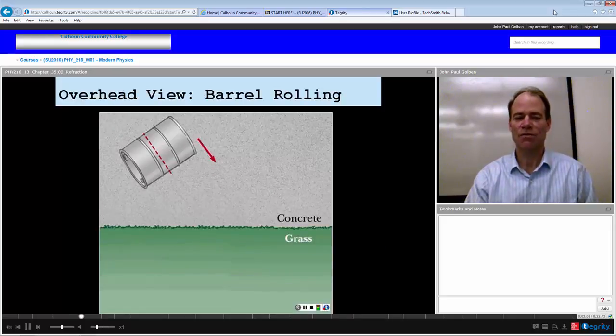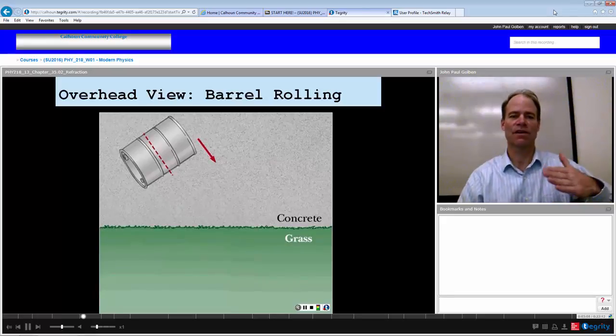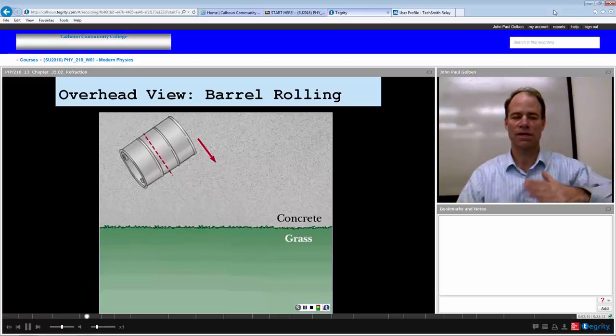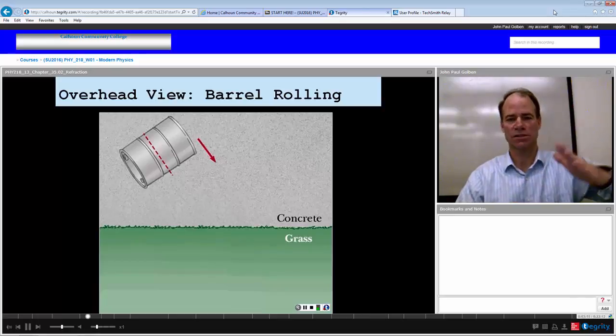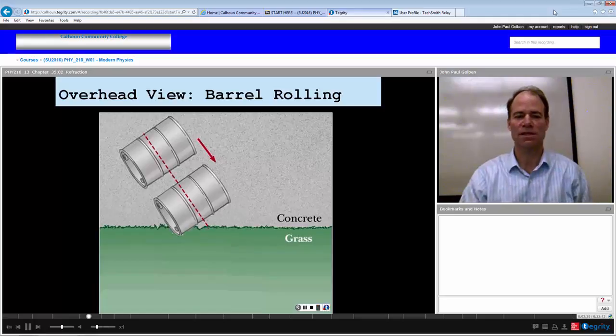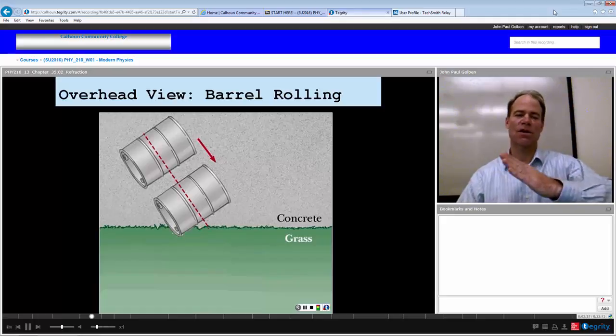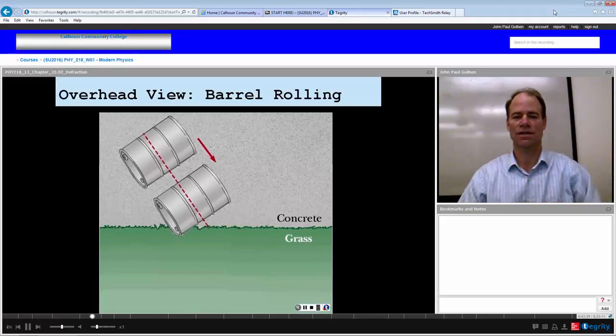Here's a mechanical example of what's going on here. If we think of this barrel as a wavefront, and the direction this barrel is moving as the ray, as it's moving across some concrete, it can move pretty fast in one direction. But when it hits the grass, one end of the barrel will start moving slower as it hits the grass, and that will cause the barrel to start turning.